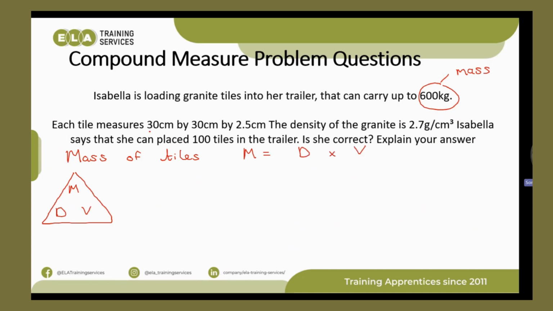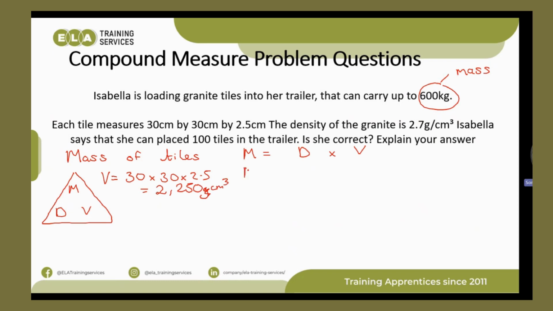Now each tile is 30 by 30 by 2.5. So we can now work out the volume of the tiles by doing 30 times 30 times 2.5, which gives us 2,250 centimetres cubed.